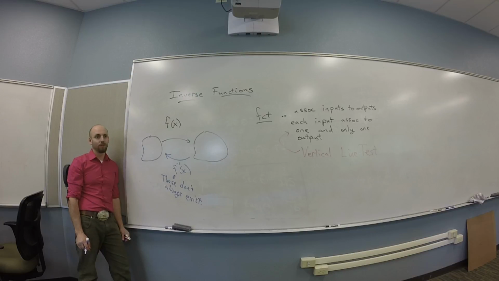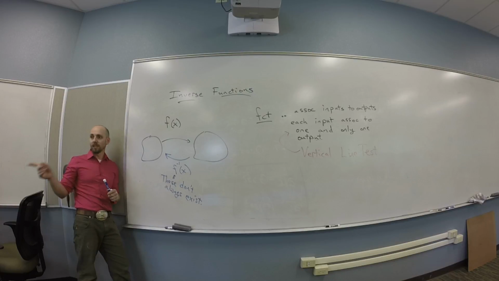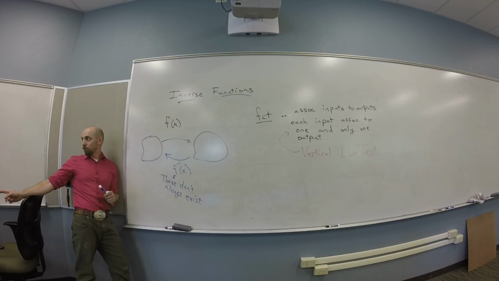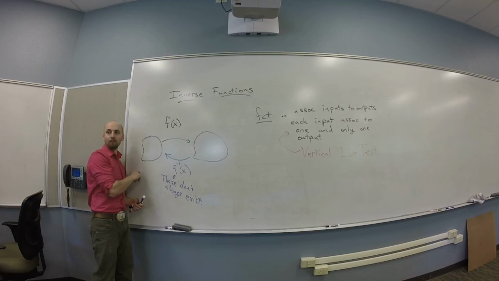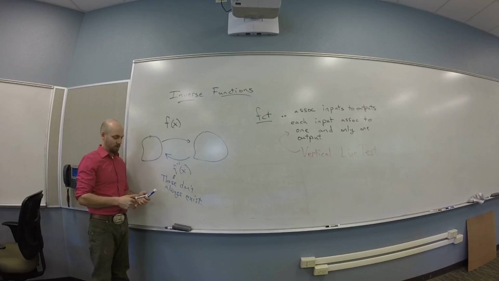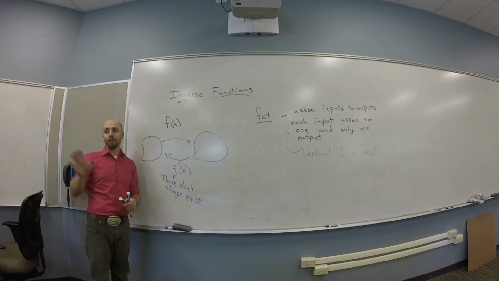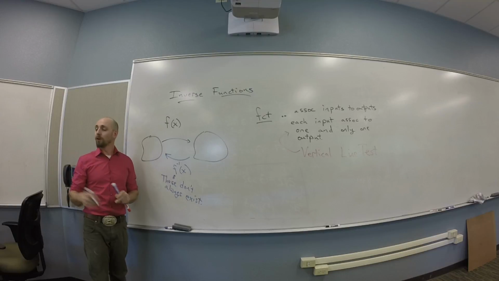Do you know an example of a function that doesn't have an unrule? Sine? Yes, sine doesn't have one. Square root? Square root isn't an unfunction for squaring. Square root and squaring get complicated. Why? Plus or minus. There are inputs that give you the same output. You need to remember those things and be careful.